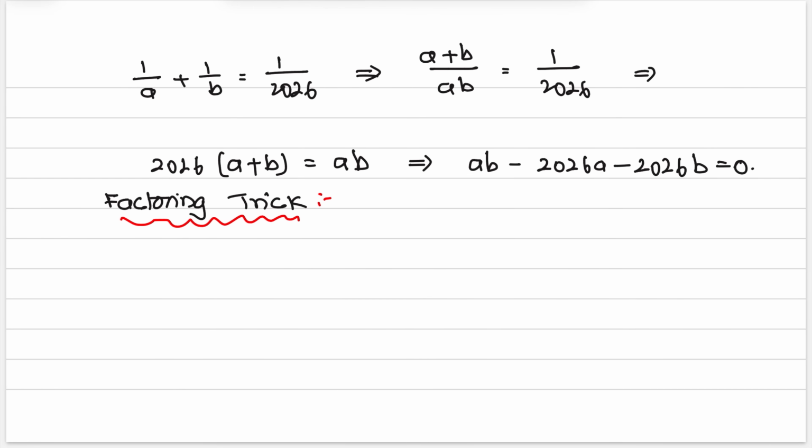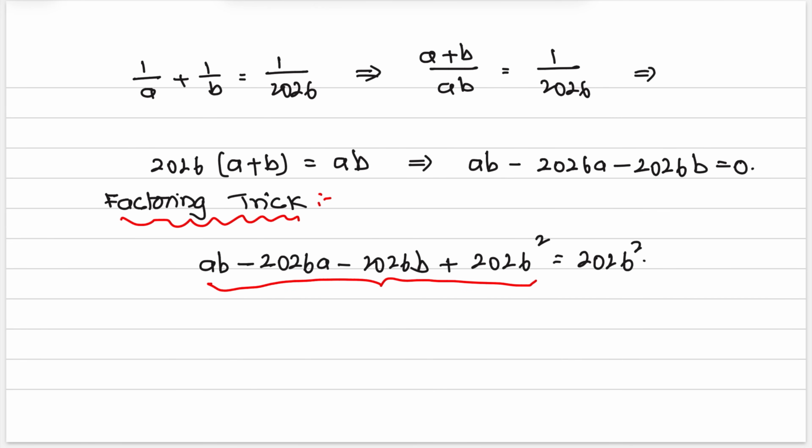If I add 2026 whole square on both sides, what happens? AB minus 2026A minus 2026B plus 2026 whole square is equal to 2026 whole square. Now, this we can easily factorize.